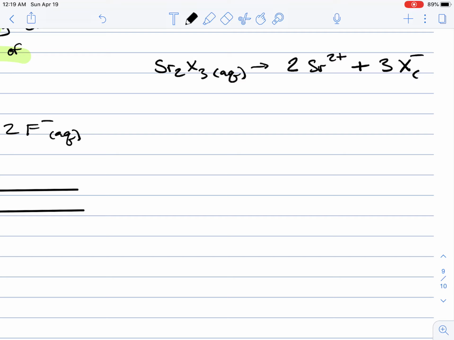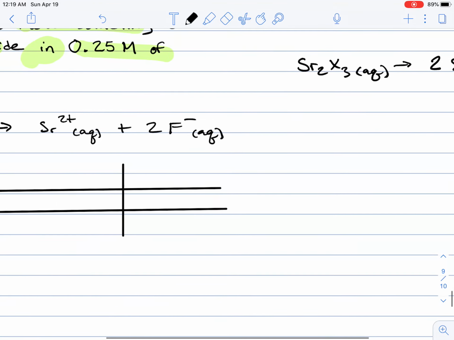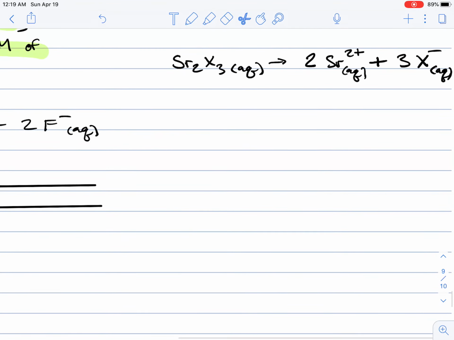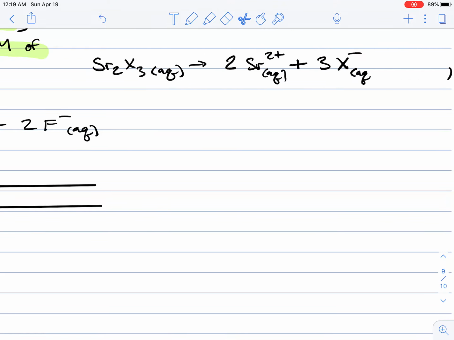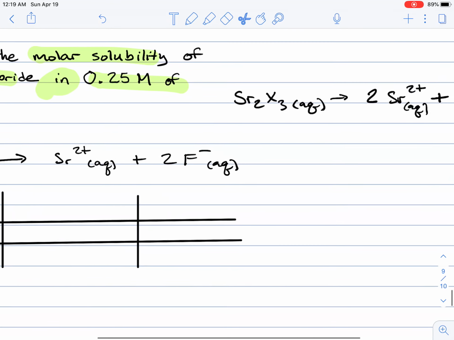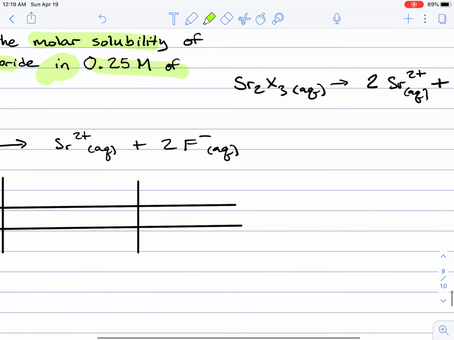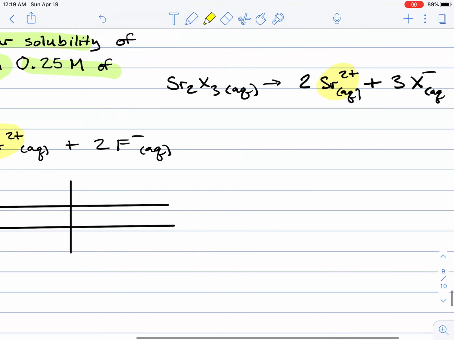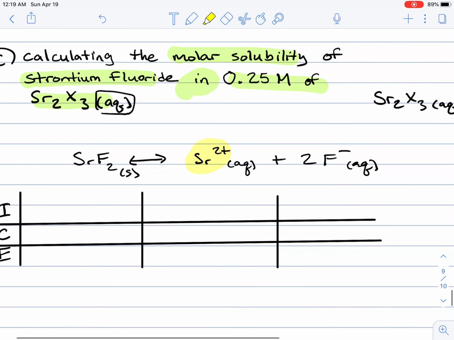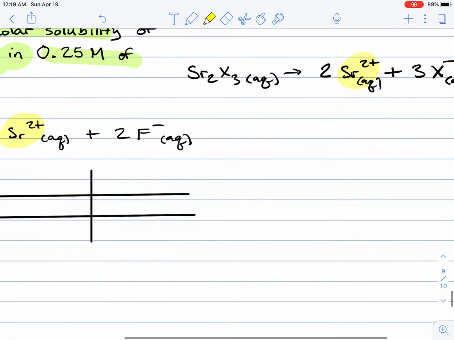It's just a spectator ion, so it'll just be aqueous. If you look at both of these chemical equations, you'll see that strontium is the common ion between these two equations.